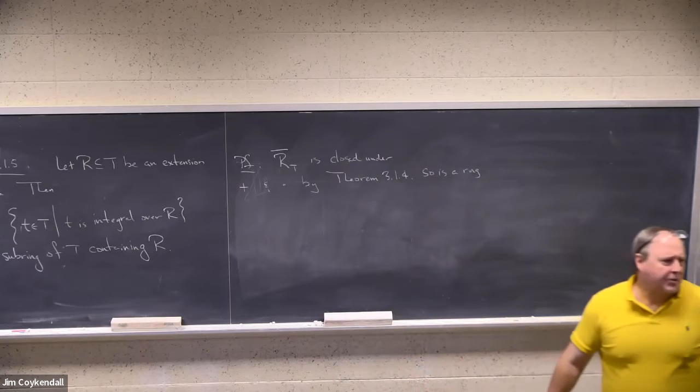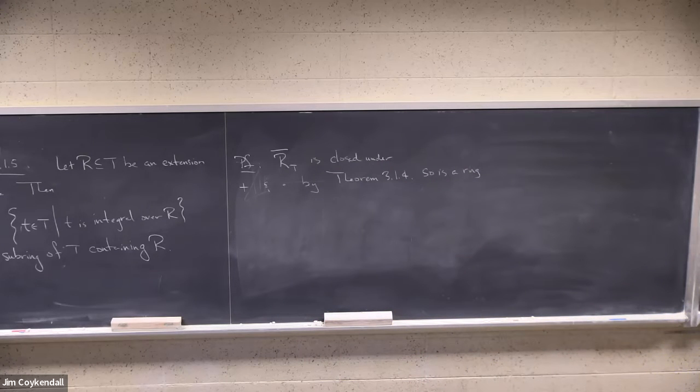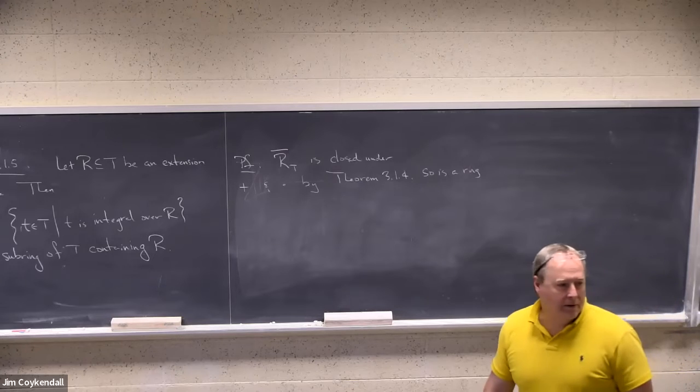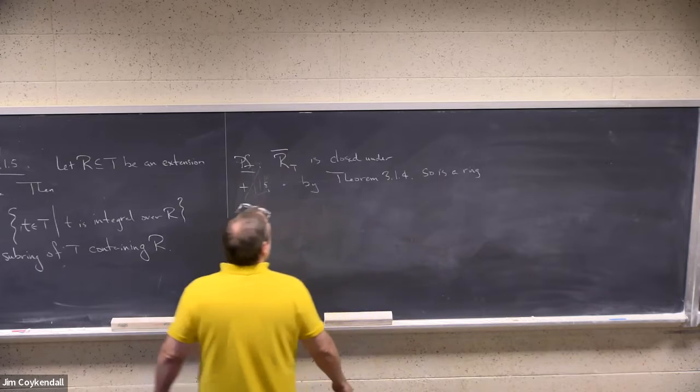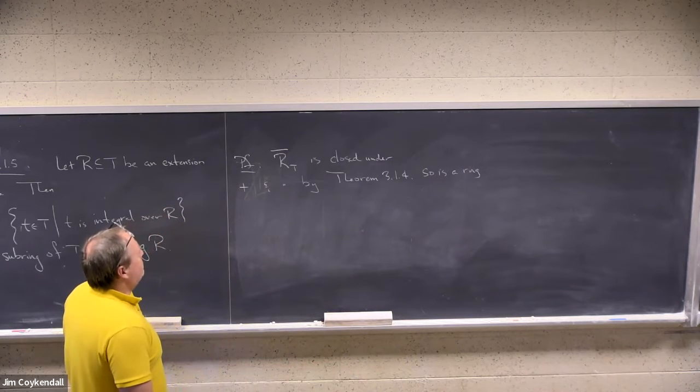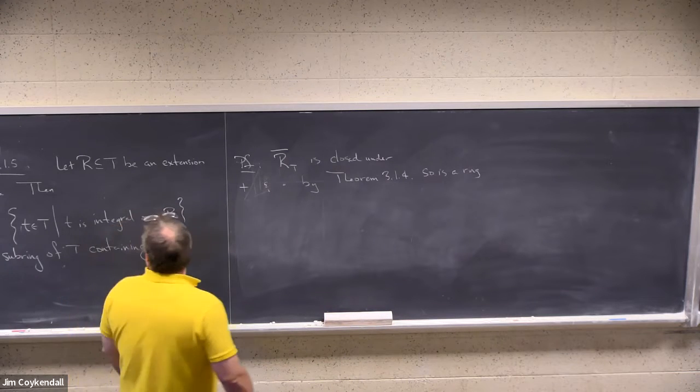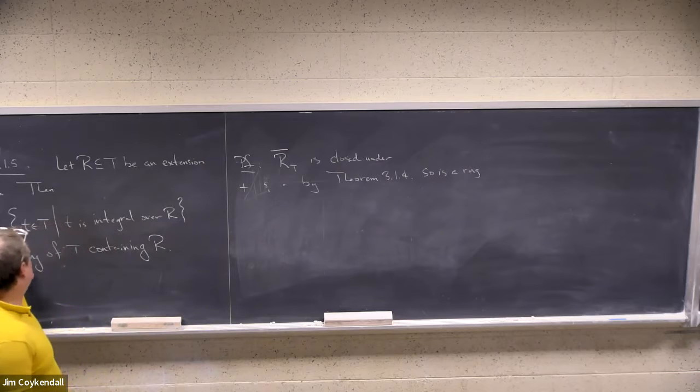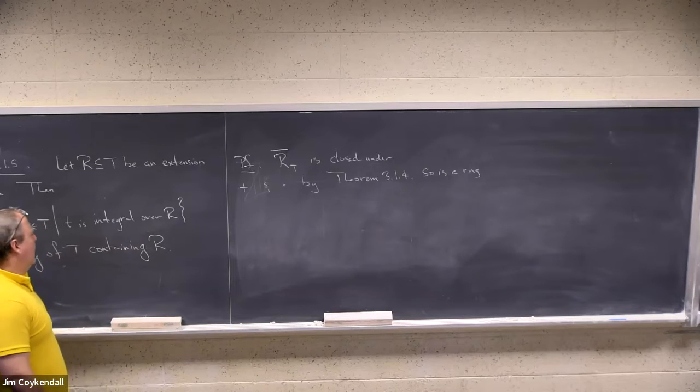It's actually closed under subtraction as well. It's fairly easy to see that if S is integral then negative S is integral as well. In fact, for that one, you can explicitly write the polynomial, given the polynomial for S. And so it's a ring, it's contained in T, so there we go.